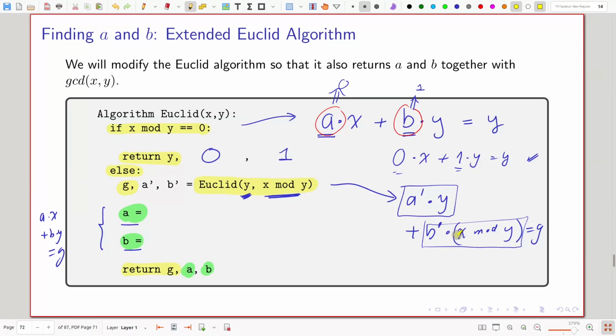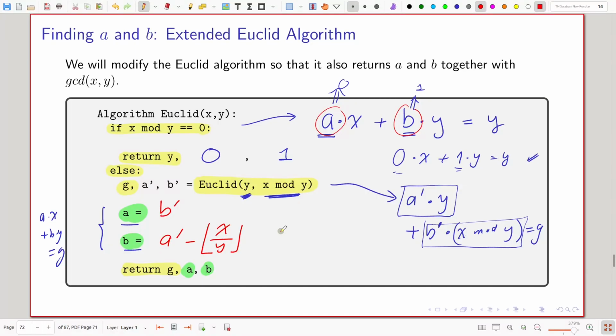So from that discussion, we know that A is b prime and B is a prime minus floor of X over Y. And that's the algorithm. So we'll try to work on that in your table.